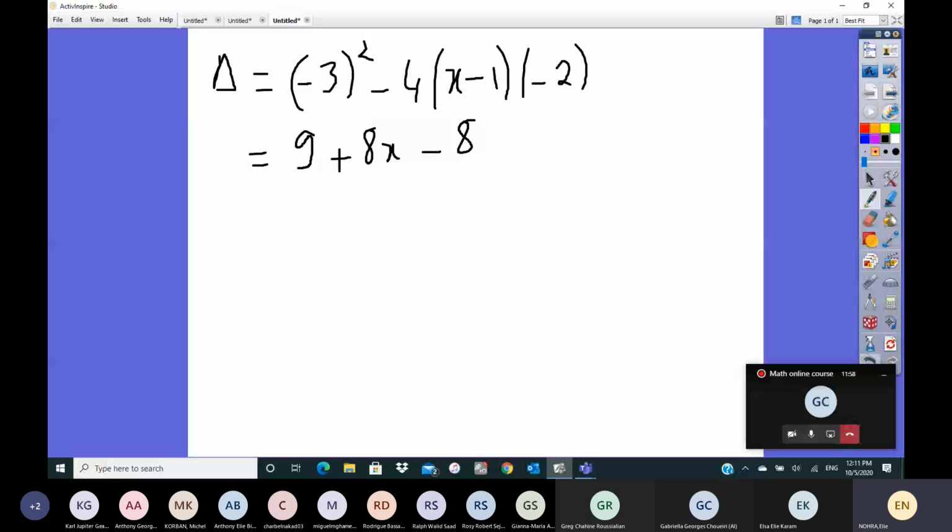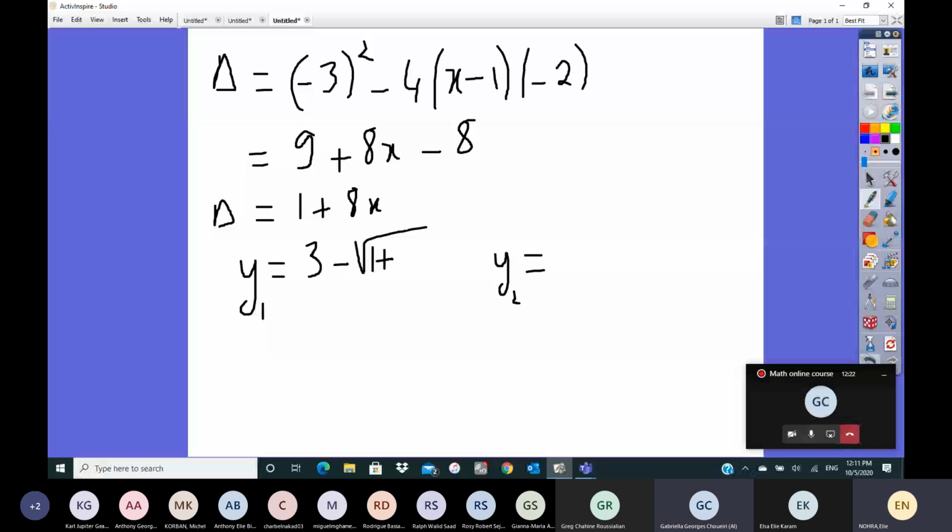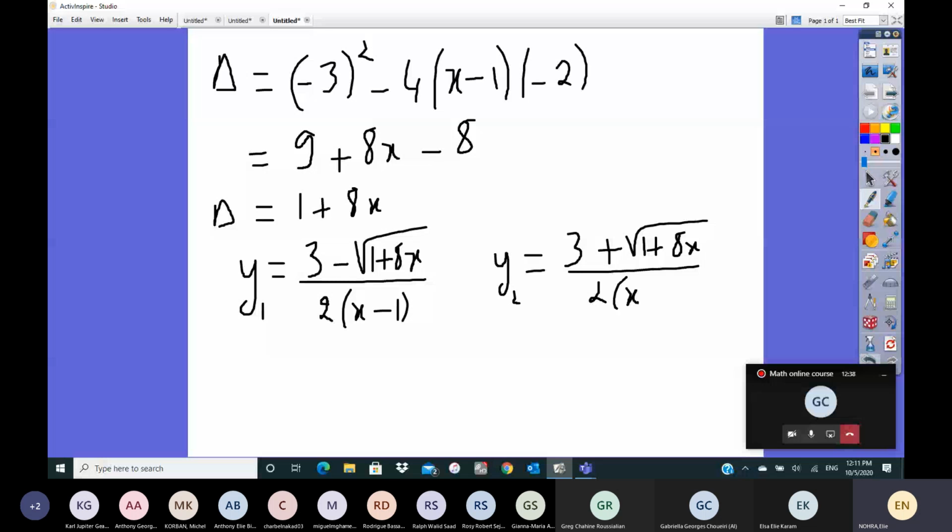Then y1 equals minus b minus radical delta over 2a, over 2 times x minus 1. y2 is minus b plus radical delta over 2a.